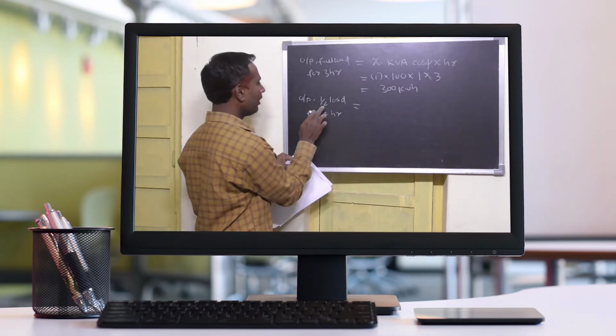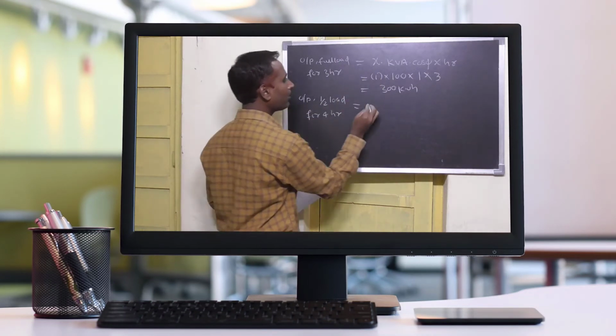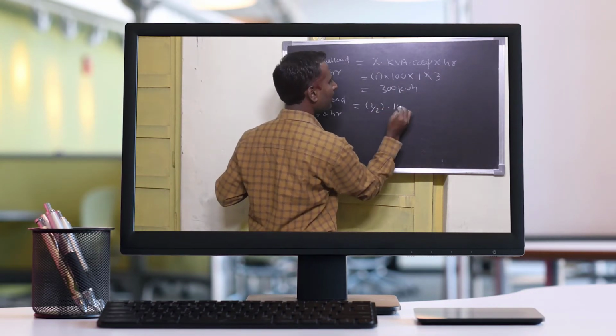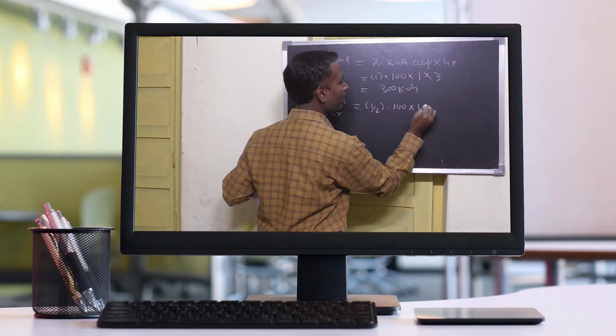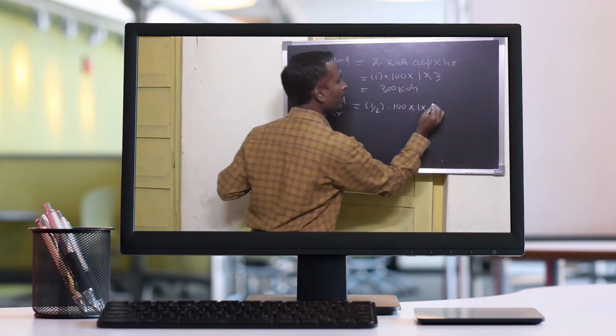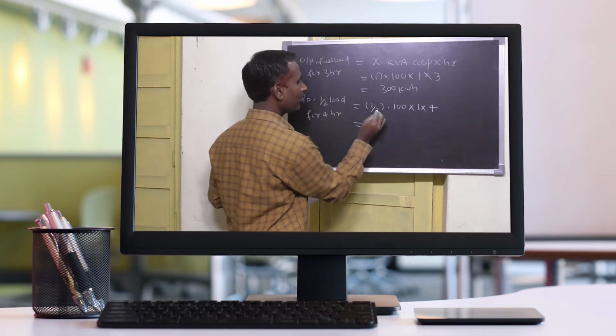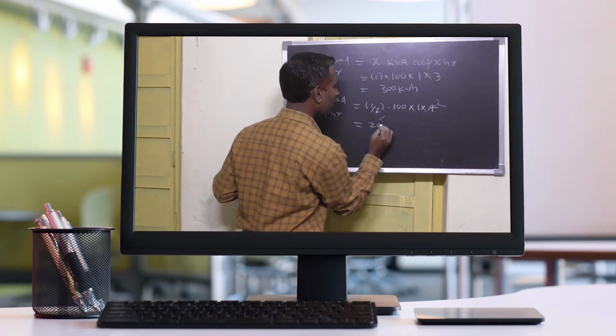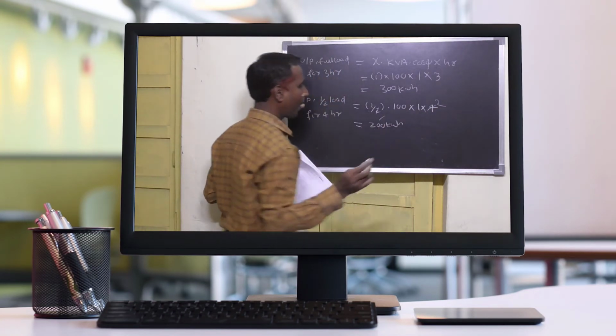Same formula, in place of x I will put 1 by 2. kVA is 100, cos phi is 1, hour is 4. I will get 200 kilowatt hour.